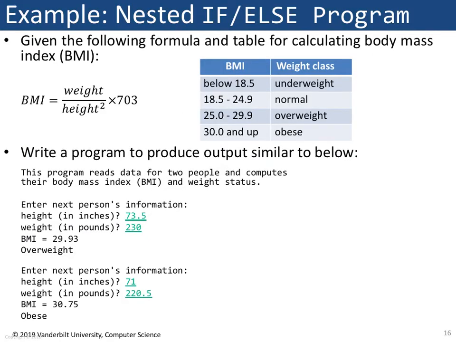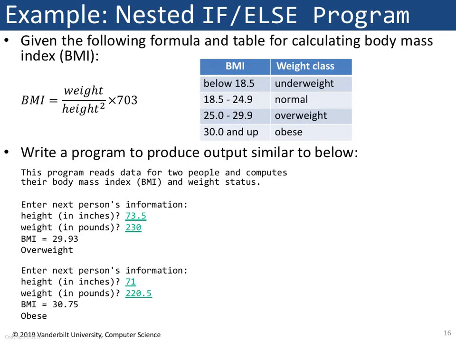Let's work through an example program now, which will take in a user's height and weight and produce their BMI. Based on the user's calculated BMI, the program will print out what weight class this person belongs to. So in the bottom left, we see an example run. It prints out an introduction, which tells what is going to occur in the program.